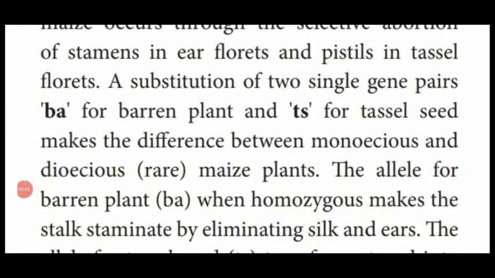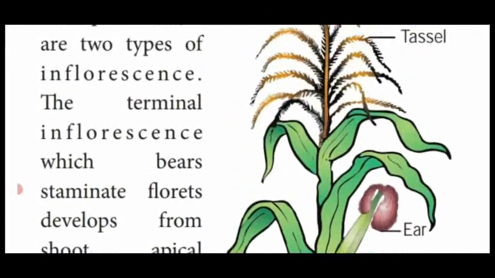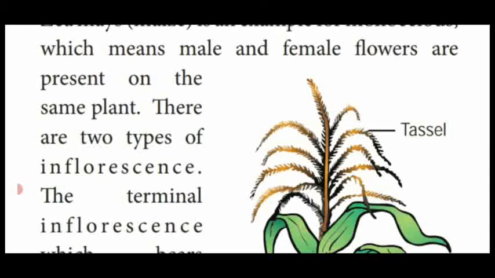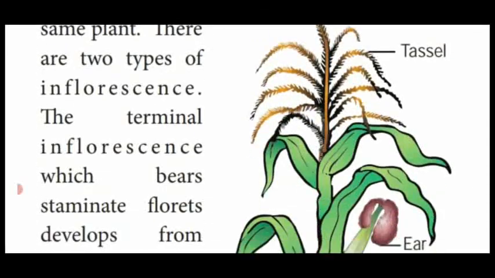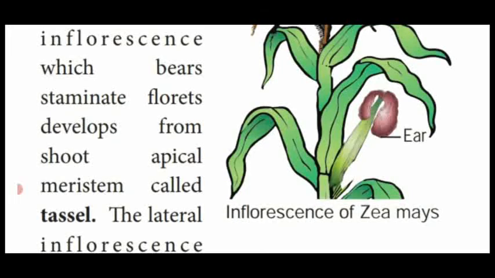Dear students, most probably the maize plant shows the monoecious condition, but sometimes it may be modified into the dioecious condition due to the substitution of two single gene pairs, Ba for barren plant and Ts for tassel seed. Tassel, we all know, I showed in the diagram also. Tassel means male inflorescence, producing staminate florets. Then the ear or cob is the female inflorescence, producing pistillate florets.